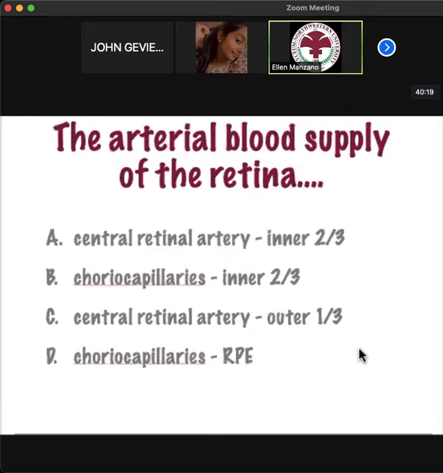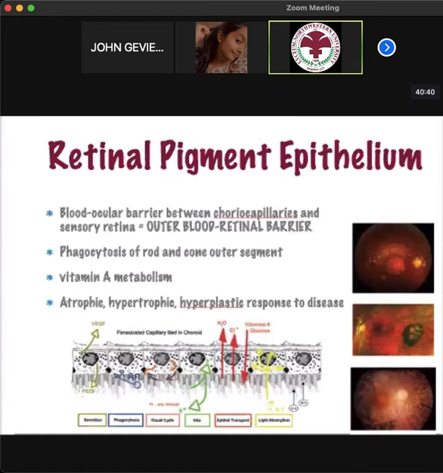Yeah, the correct answer is A and D. Of course, A, central retinal artery supplying the inner two-thirds, and D, choriocapillaries supplying your RPE. So very important to know the blood supply of the retina. So you have 1 point now.